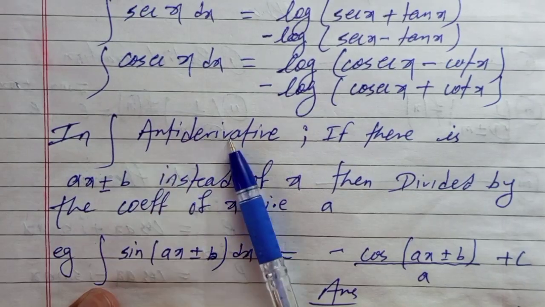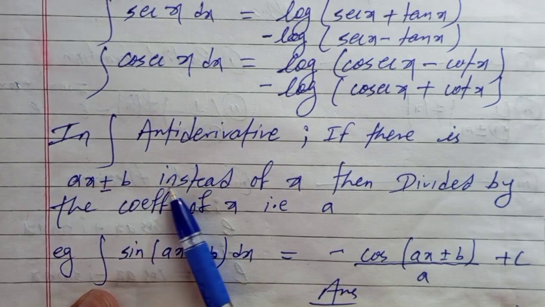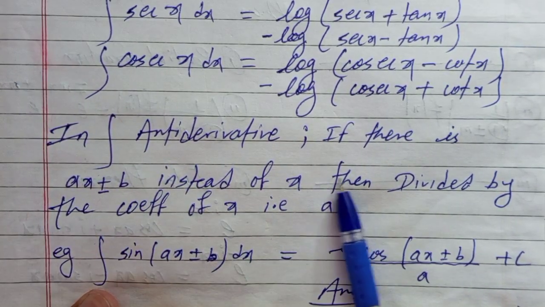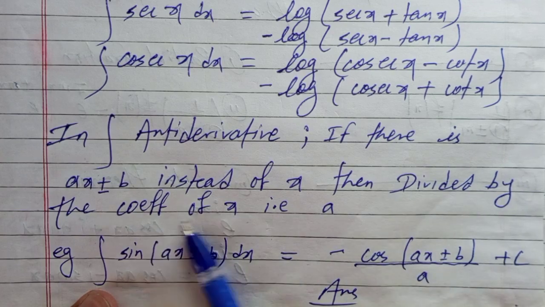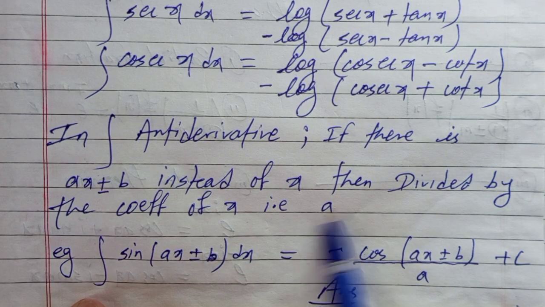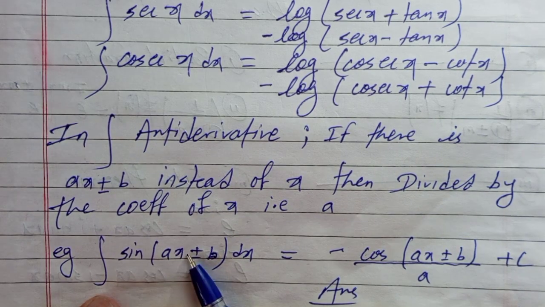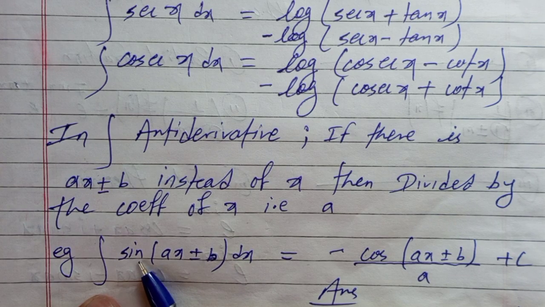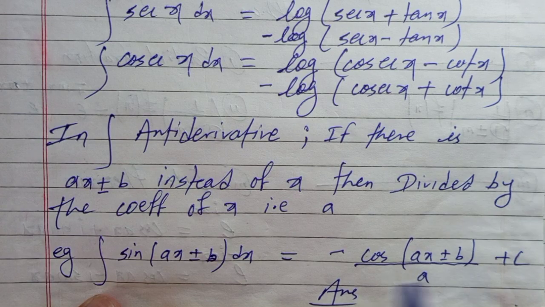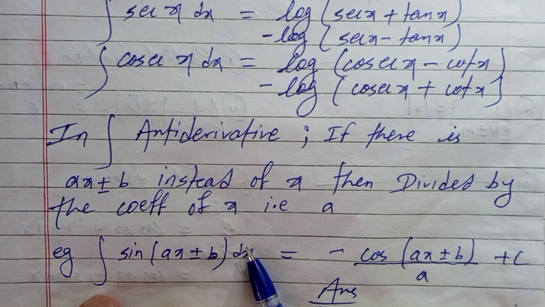And in antiderivative, if there is x plus or minus b instead of x, then divide by the coefficient of x, that is a. For example, we can see sine has an angle in the form of x plus or minus b. So we know the antiderivative of sine is minus cos, and the angle is copied as usual.